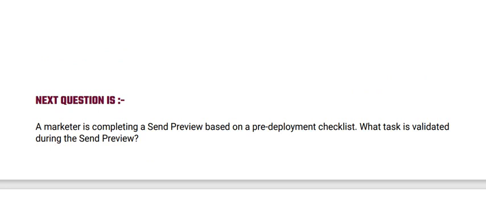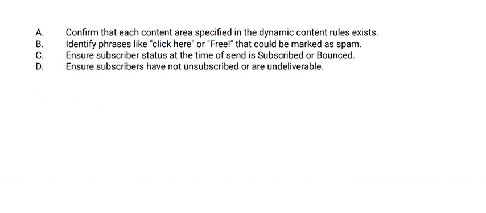Next question is, a marketer is completing a send preview based on a pre-deployment checklist. What task is validated during the send preview? Options are option A confirm that each content area specified in the dynamic content rules exists.